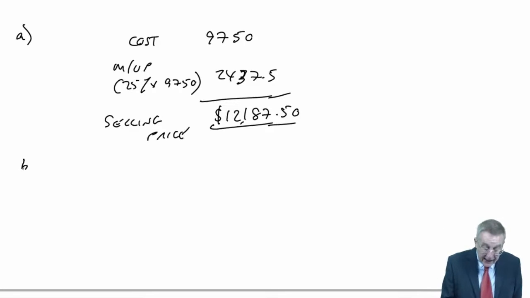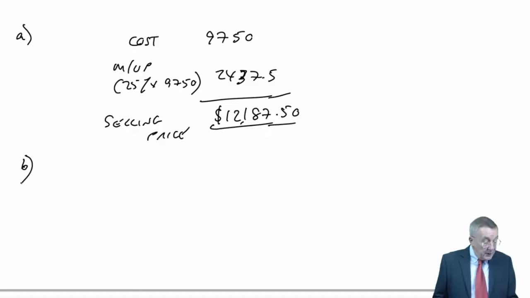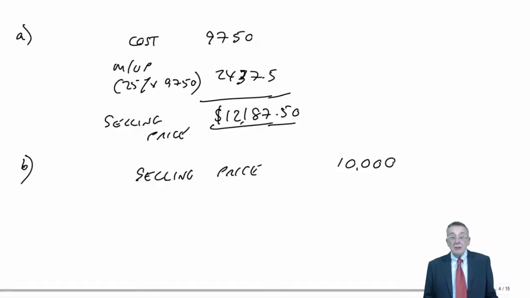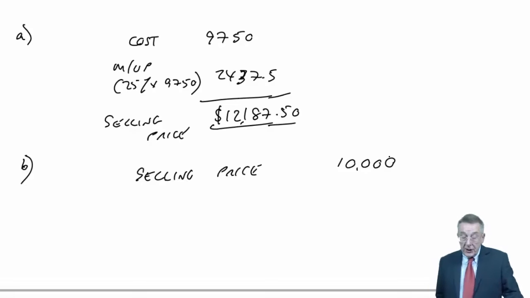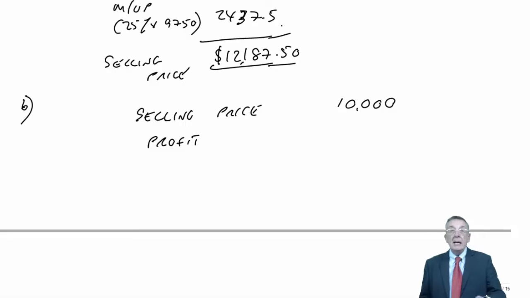And so part B, let's take a target costing approach. If we're going to match the competition and charge 10,000, then what's the maximum production cost we can afford? So let's do it. The realistic selling price, $10,000. If we want to achieve a profit, a markup of 25%. Now be careful here.